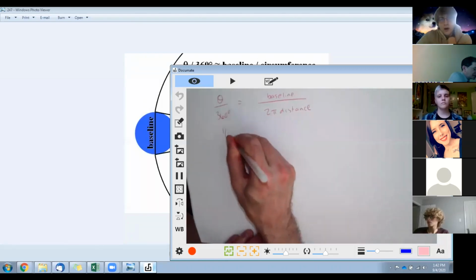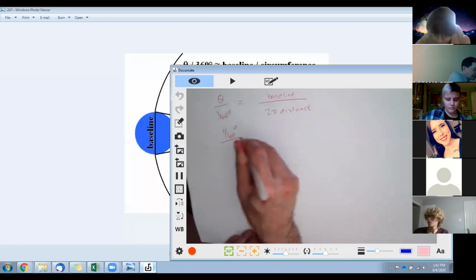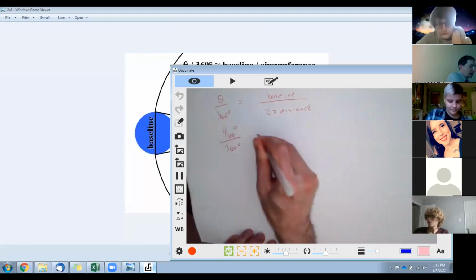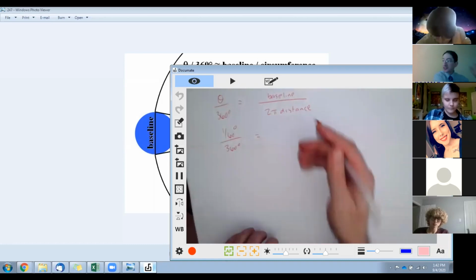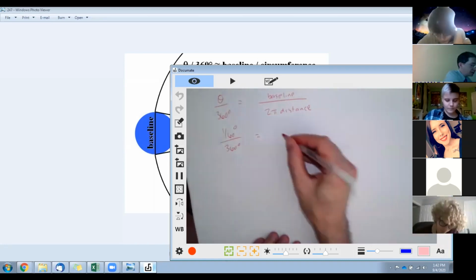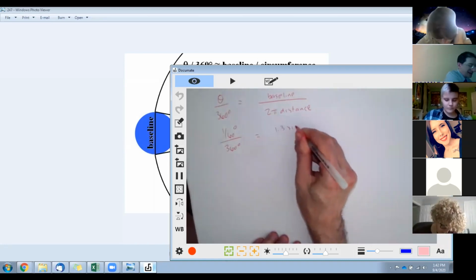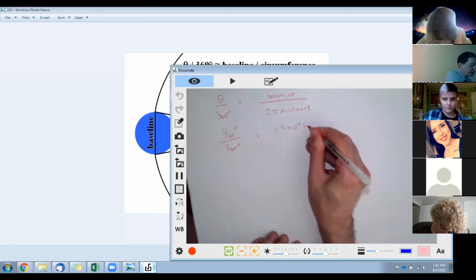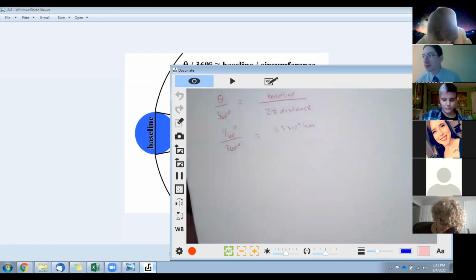So I'm going to put in 1/60th of a degree divided by 360. And for the baseline, in this case, it's the diameter of Earth, which is 1.3 times 10 to the 4 kilometers. And when doing Earth baseline parallax calculations, I'll always give you that number. I don't expect you to remember that one.